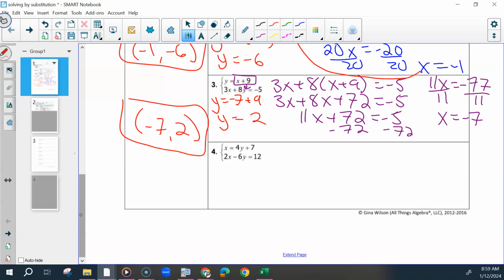You don't have to have y. So now that we have x, we're going to do the same thing. The process is similar, but instead of putting it into y, we're going to put it into x for the other equation. So that would look like 2 times in parentheses 4y plus 7 minus 6y equals 12.